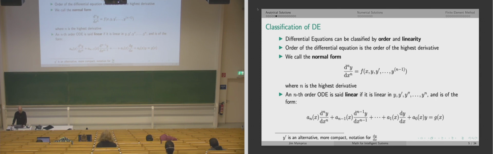So it's mostly that. Note that the coefficients do not need to be linear in x. What we mean is simply that it is linear in the derivatives.